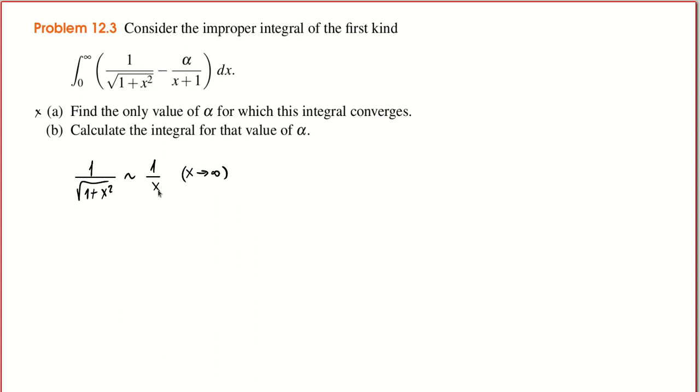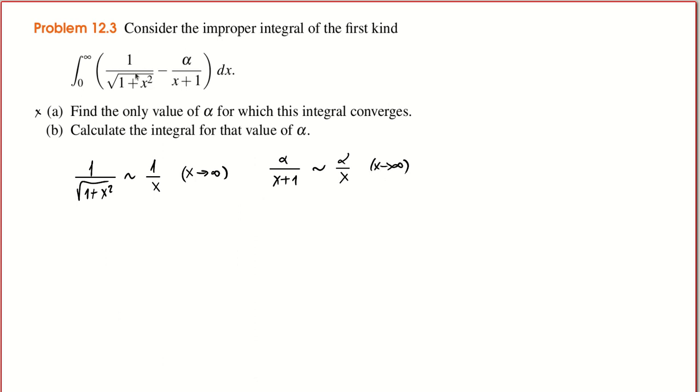But the integral from 0 to infinity of this is divergent, right? However, this one behaves similarly: alpha over x plus 1, because x is large and 1 is a constant. When x goes to infinity, this goes as alpha over x.